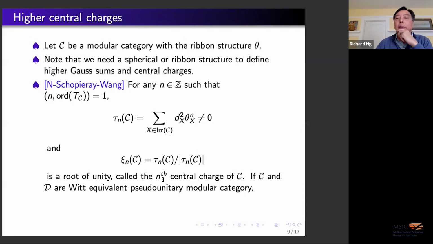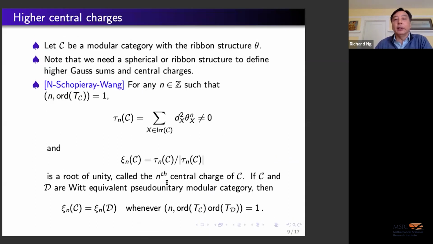So when you have two Witt equivalent pseudo-unitary modular tensor categories, by the word pseudo-unitary I assume that the underlying spherical structure is the canonical one, which will give you the Frobenius-Perron dimension. So I put that word there just to let you know that I'm using the canonical spherical or ribbon structure.